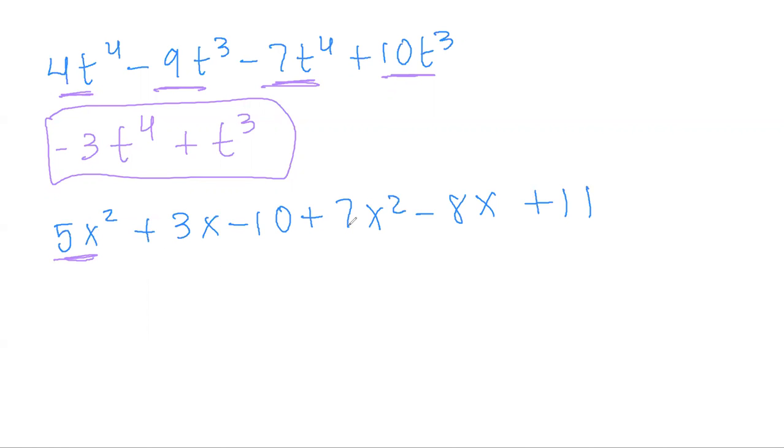So 5x squared plus 7x squared is 12x squared. Then 3x minus 8x: think of that as 3 minus 8, so that's negative 5x. Negative 10 plus 11 is just going to be plus 1.